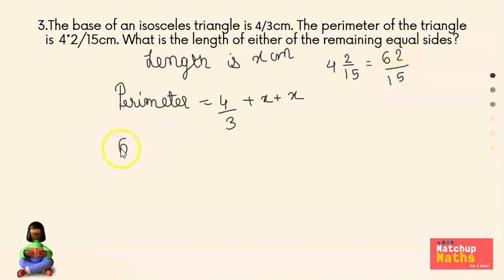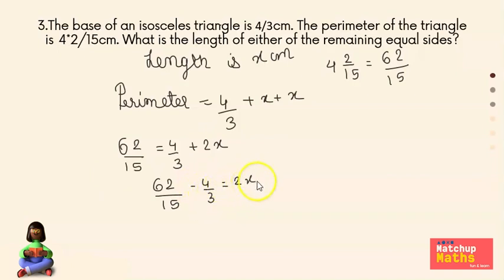So here it is 62 by 15 is equal to 4 by 3 plus 2x. So we will get 62 by 15 minus 4 by 3 is equal to 2x. When we take the LCM of 15 and 3, we will get 15. So here it will be 62 minus 3 into 5 and 4 into 5.